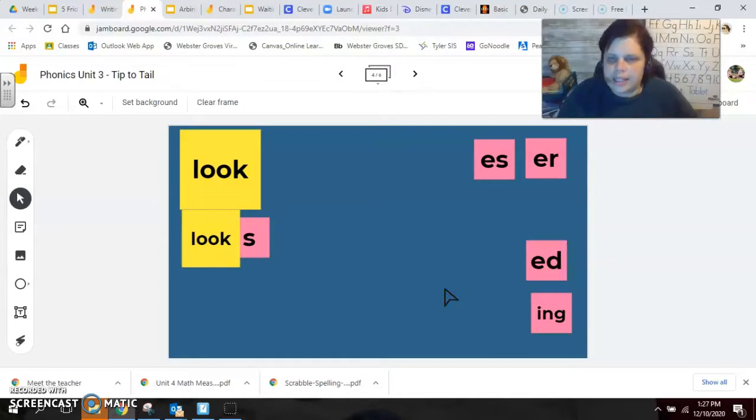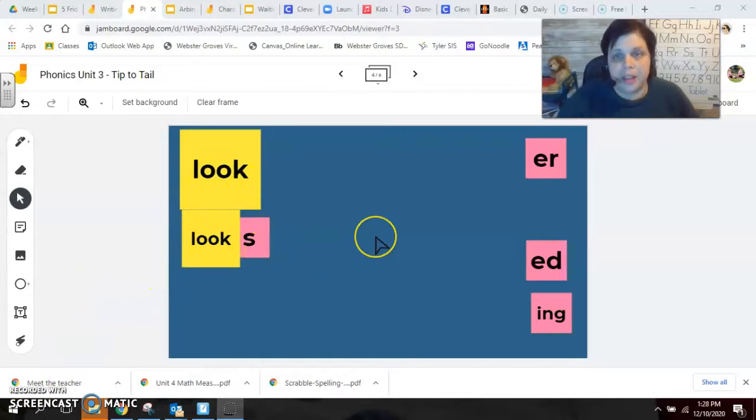Now, let's see. We're going to add another one. Sorry, guys, I noticed something on the board I needed to fix. So the next word we're going to write, you should have look at the top, then looks. The next one I want you to write is the word looking. How are you going to change looks into looking?